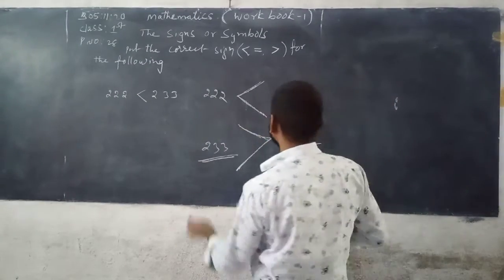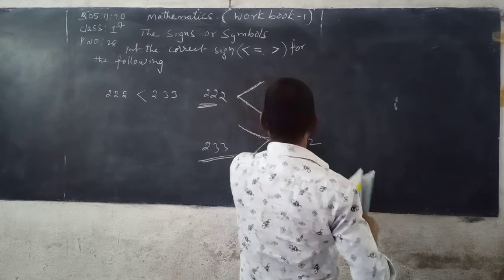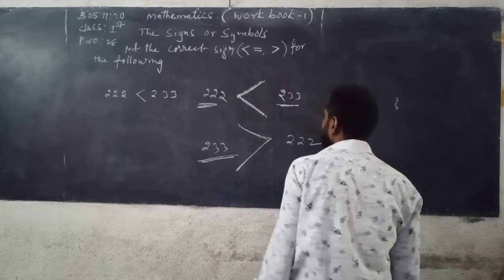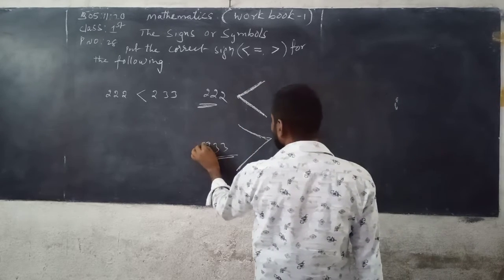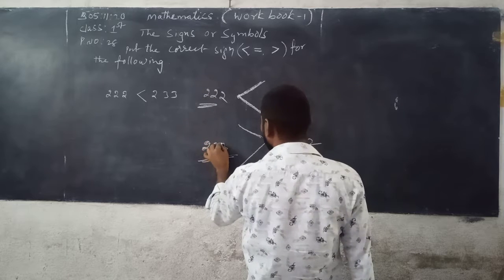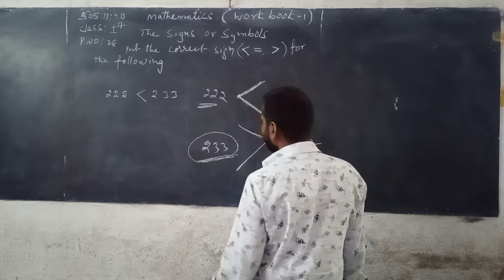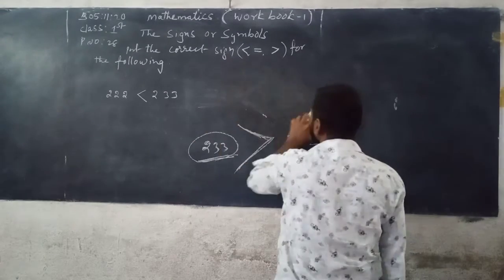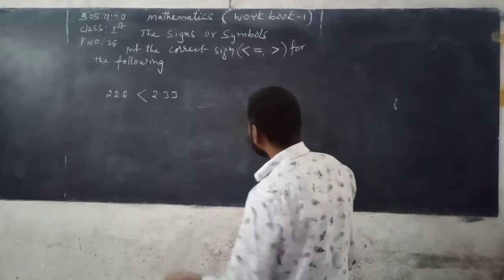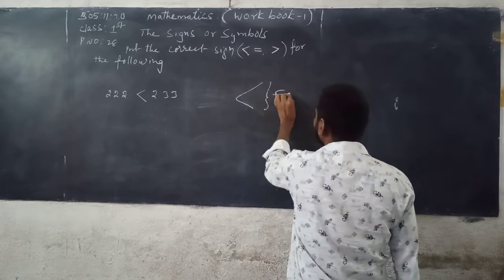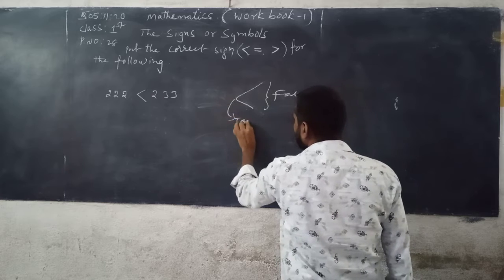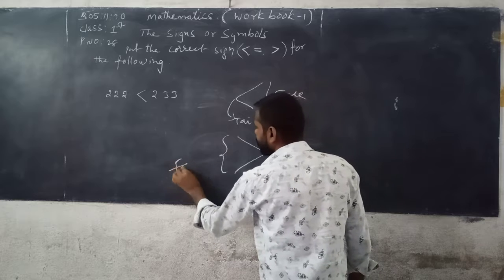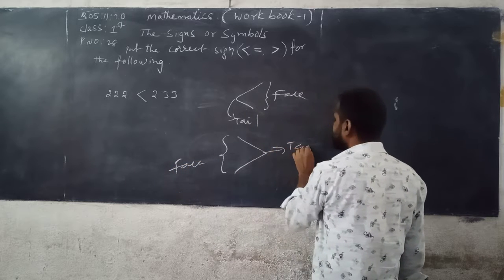You can see this is left, this is right. If the right side is bigger, you can use the less than symbol. If the left side is bigger, you can use the greater than symbol. This is the less than symbol, this side is the face and this is the tail, as well as this is the greater than symbol, this is called the face and this is called the tail.